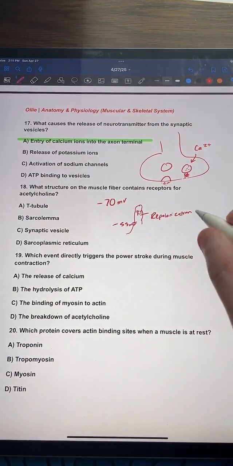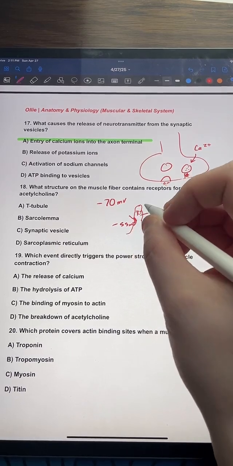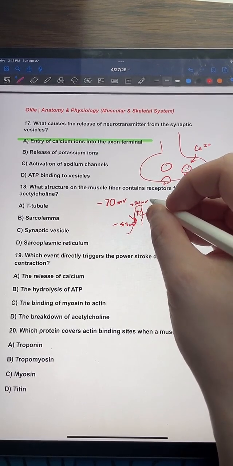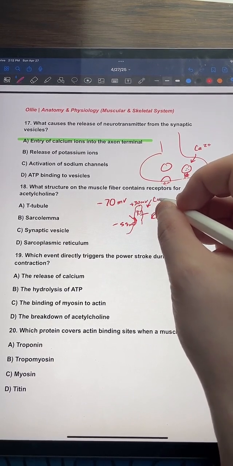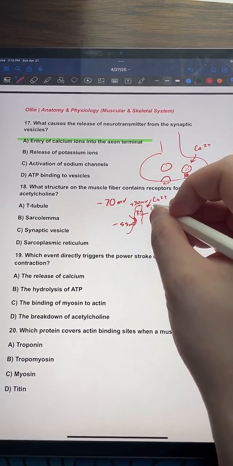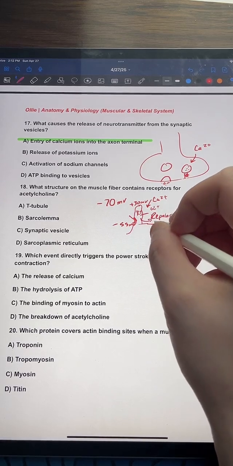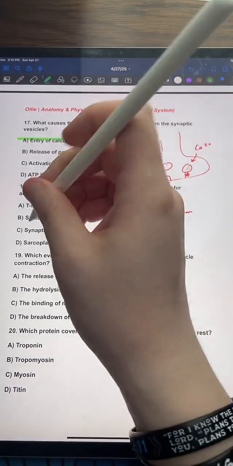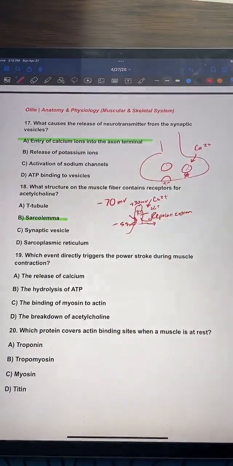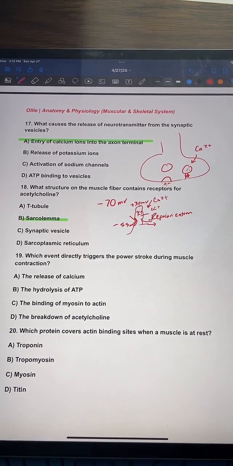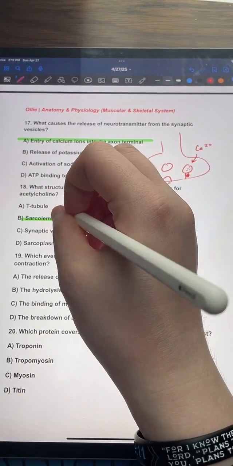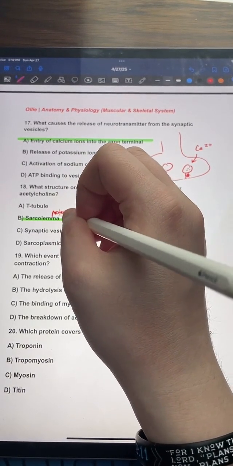Sodium rushes in, and then it gets up to about positive 30 millivolts. That's when calcium rushes in, and that also opens up the potassium, so that's when it can start leaving. But the answer choice is B. It's the sarcolemma. What structure on the muscle fiber contains receptors for acetylcholine? The sarcolemma at the motor end plate.